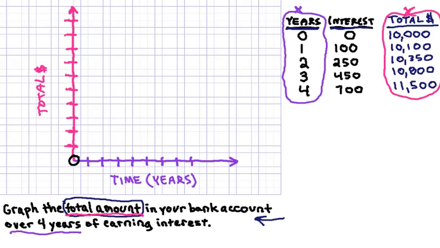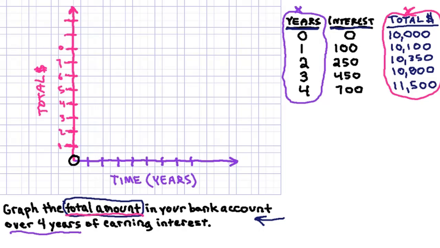So what happens if we made each of these increments $1,000? Well, that would give us $1,000, and I'm just putting 1 for 1,000, $2,000, $3,000, $4,000, 5,000, 6,000, 7,000. As you can see, we're still not going to have room to fit $11,500 on here.